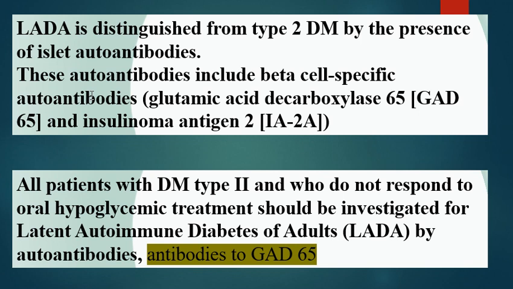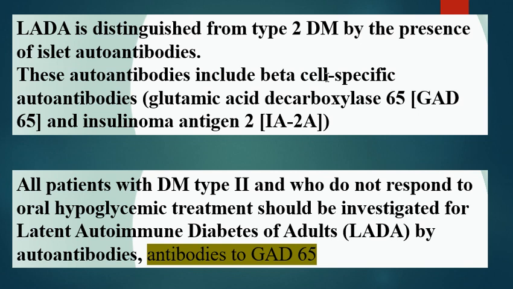So we order for that patient some laboratory tests, and this includes beta cell antibodies, specific for beta cell of the islets of Langerhans, and also we order for the patient autoantibodies against glutamic acid decarboxylase number 65.